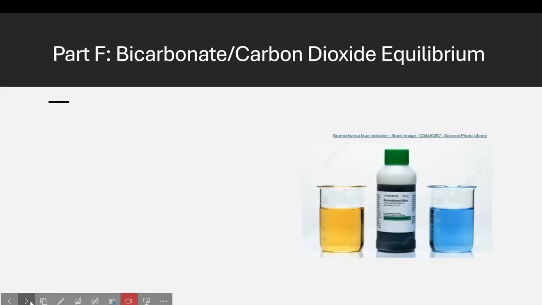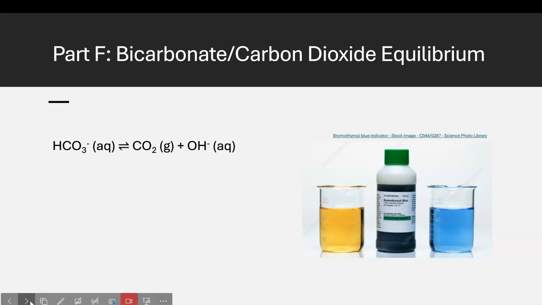The final part of experiment 6 that I will talk about is part F, which was based off of this equation here, which is the HCO3 negative, which is at equilibrium with the CO2 and the hydroxide. During this experiment, the indicator is a very, very blue reagent that will tell you whether something is basic or acidic based off of the colors that it produces.